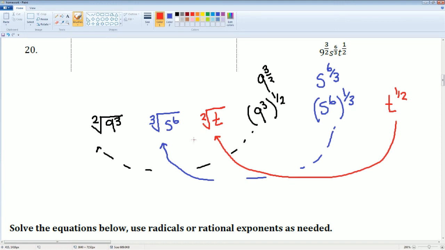Okay. Ooh, that's very interesting. You're not allowed to do this. You're not allowed to combine all three of these because they're not the same base. However, check this out. So 6 over 3 is really written as what? 2 over 1. So this number just becomes S over 2. So this can go away.